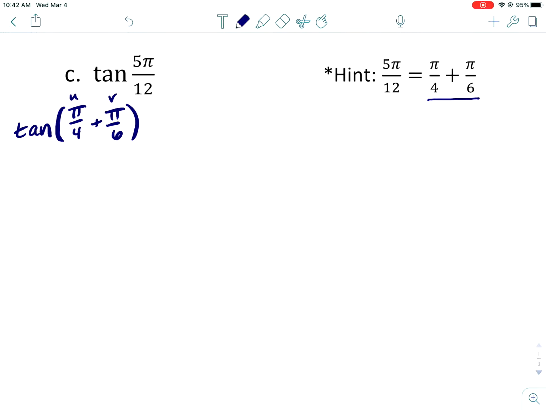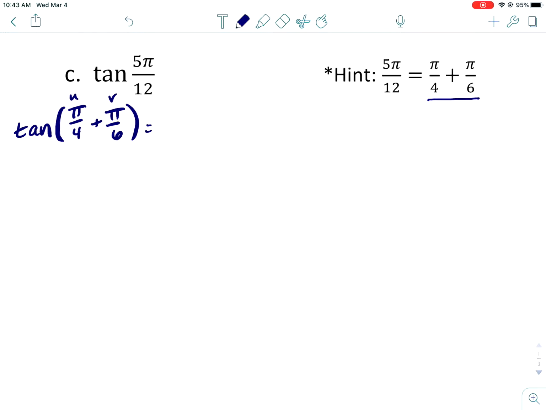All right, so we're looking at the tangent of two angles added to each other. So you all figure out which formula to use, and then go ahead and fill in your u and your v, please. If you don't have the formulas filled in, you can grab a book. You're going to need them, at least for today.